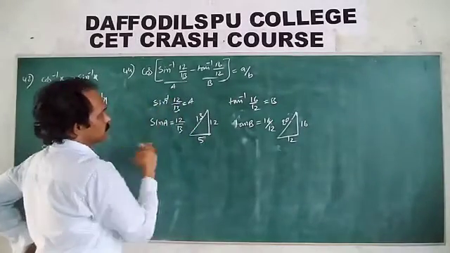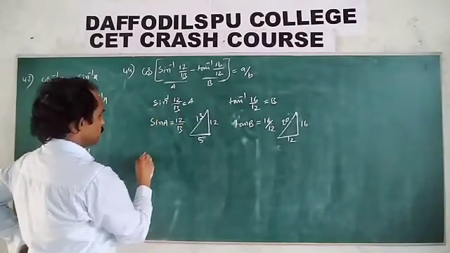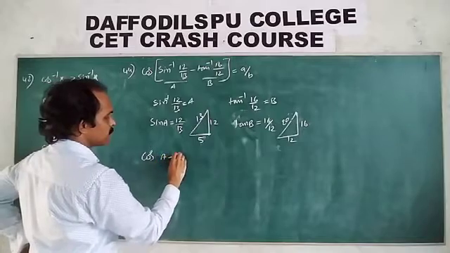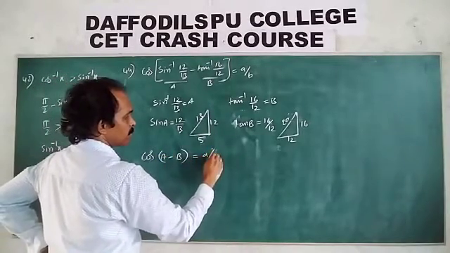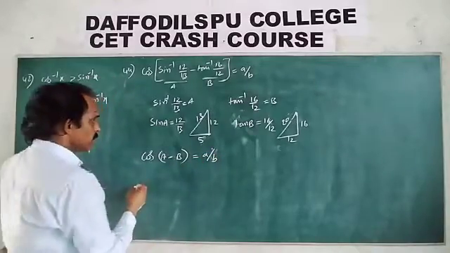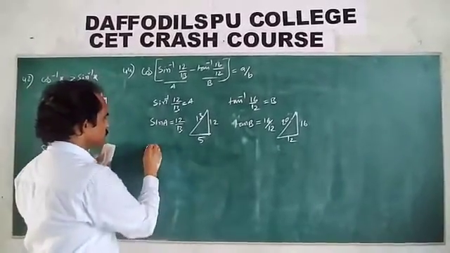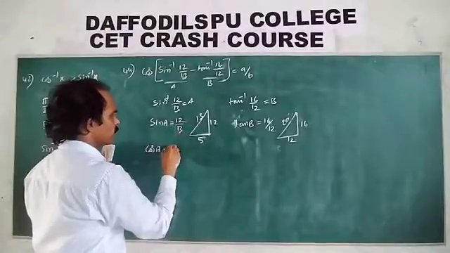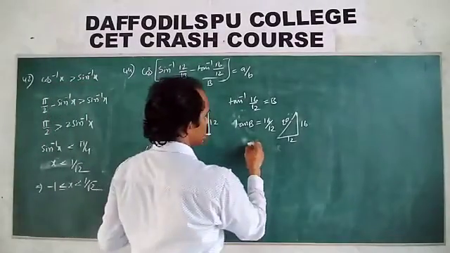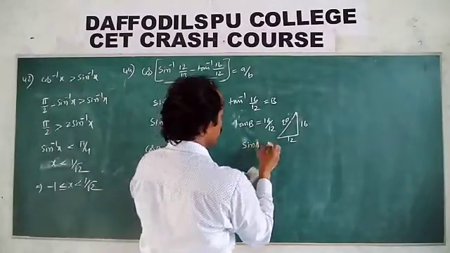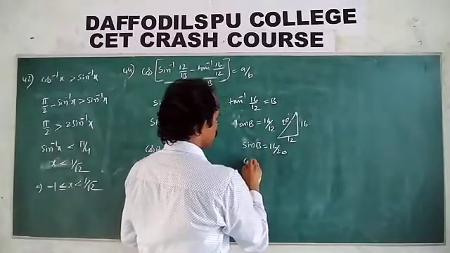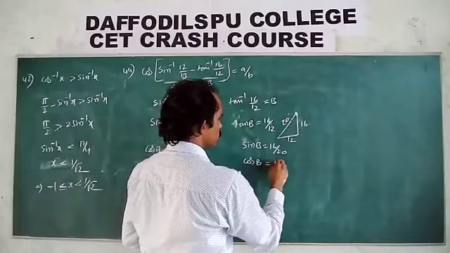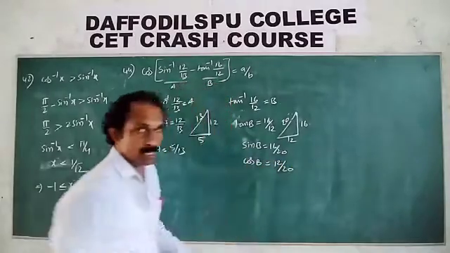We want cos(a minus b) is equal to a by b. First find cos a, which is 5 by 13. Sin b is 16 by 20, and cos b is 12 by 20.